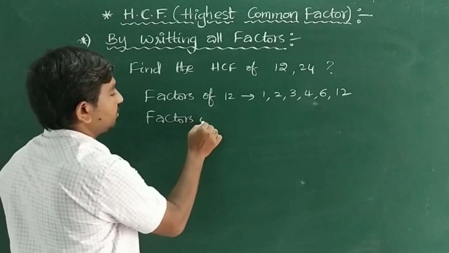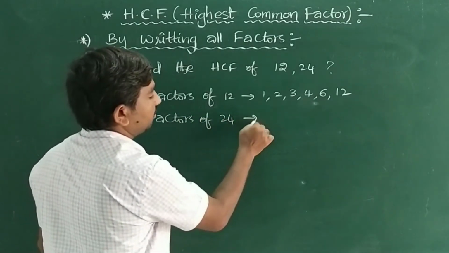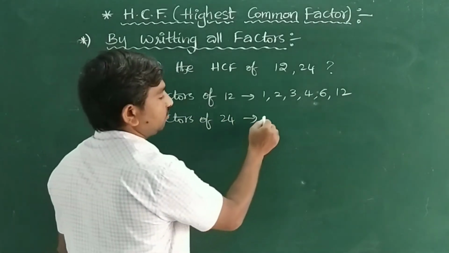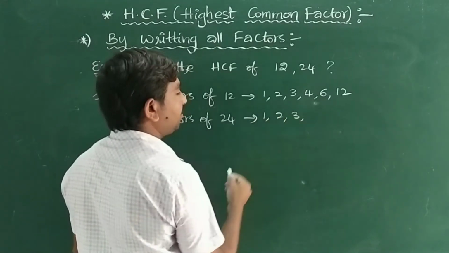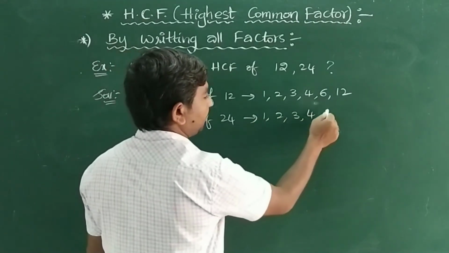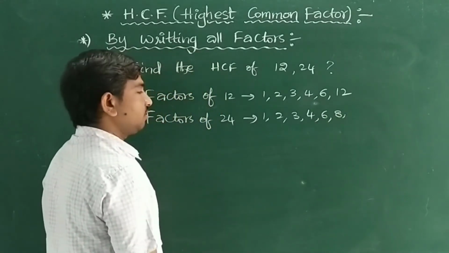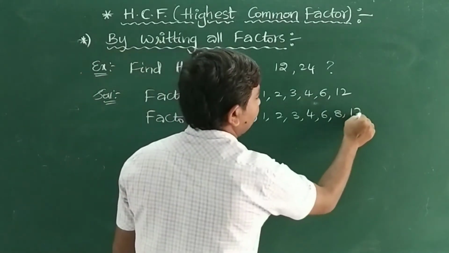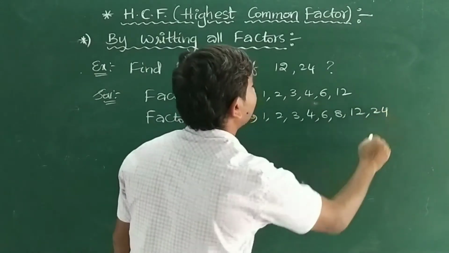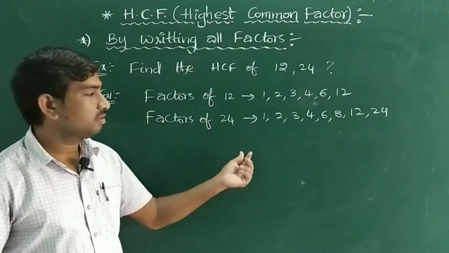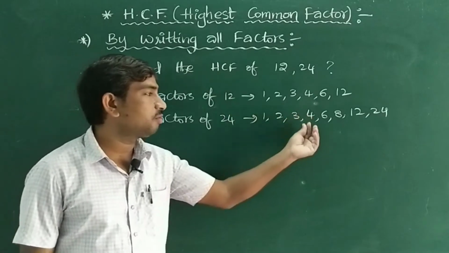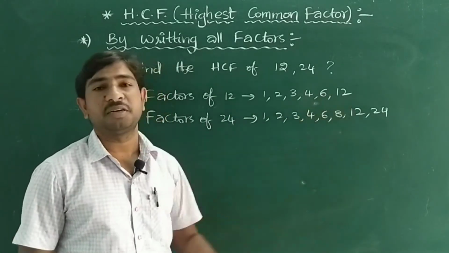What are the factors of 24? 1, 2, 3, 4, 6, 8, 12, and 24.